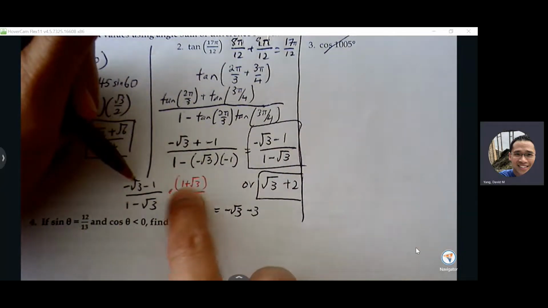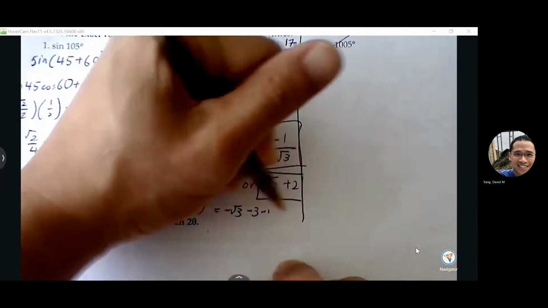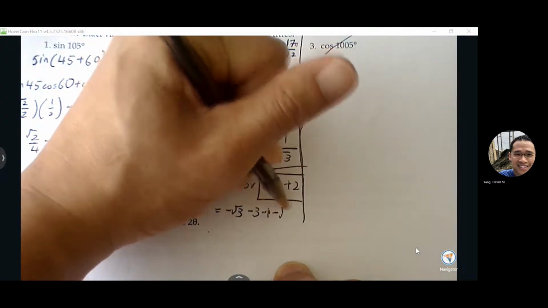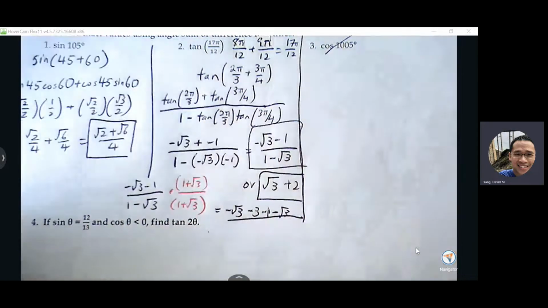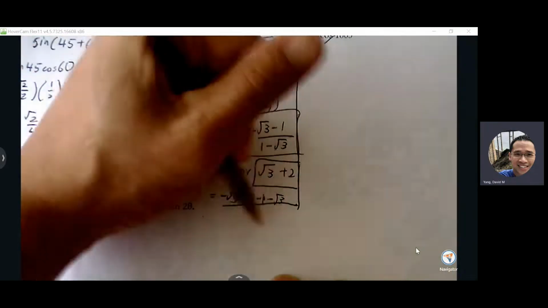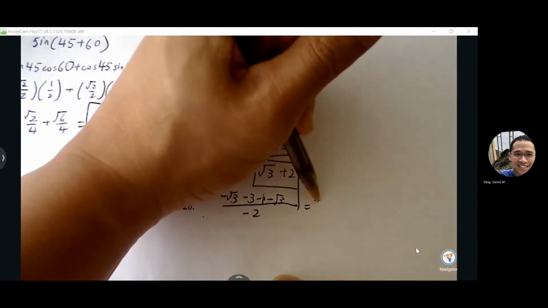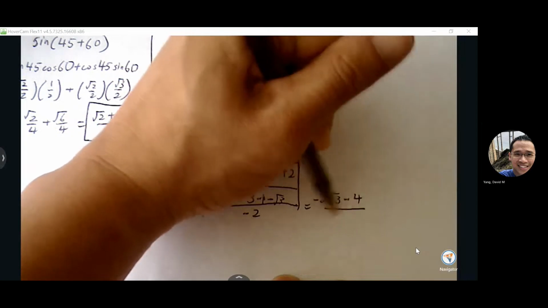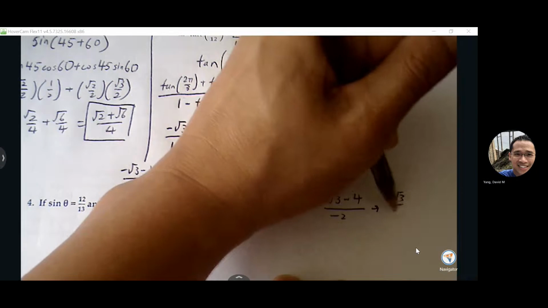So it'd be negative root 3 minus 3 over 1 minus root 3. And 1 minus root 3 times 1 plus root 3 will be 1 minus 3, which is negative 2. Split into individual fractions.